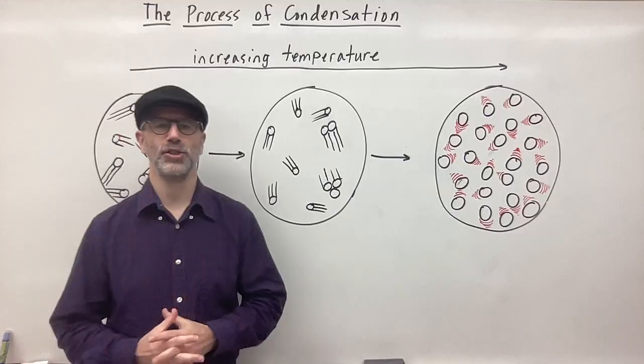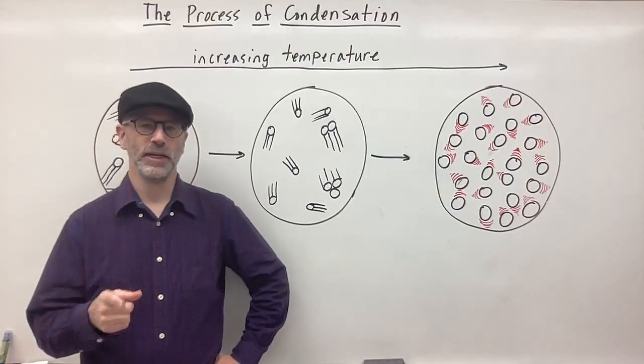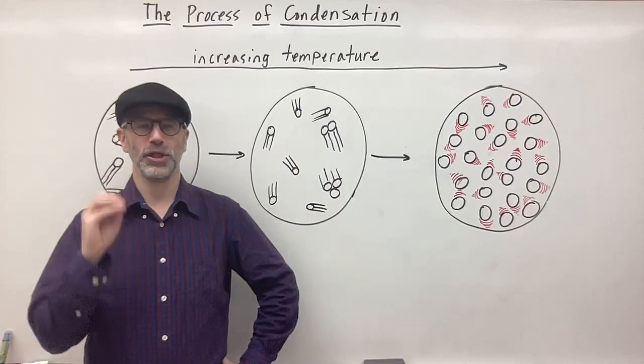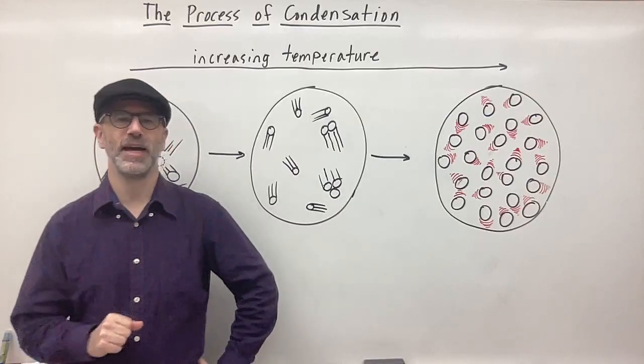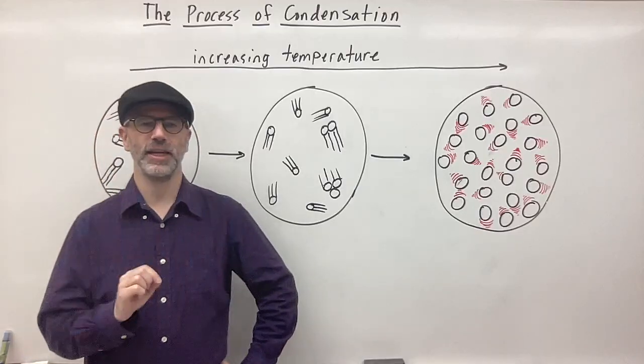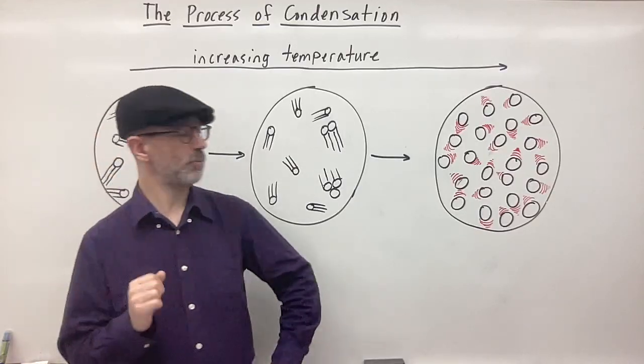So what happens during the process of condensation? The first thing you need to know is the kinetic molecular theory, or at least one part of it, and that is that temperature is related to the movement of the particles. So we should know a formula for that.